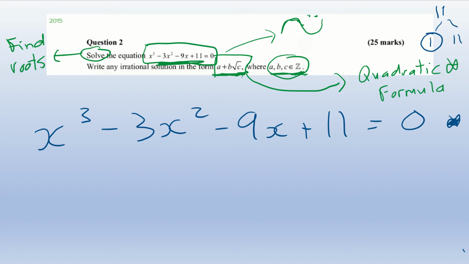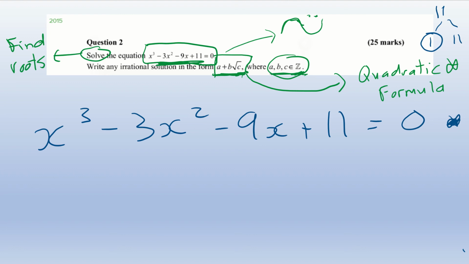So either 1, 2, or 3, and maybe -1, -2, -3. So at most, you're going to be doing 6 calculations here, but as you get better at these questions, you'll be able to identify in your head which ones won't work. You also have your calculator with you, and you can use it for this part of the question to help you out.